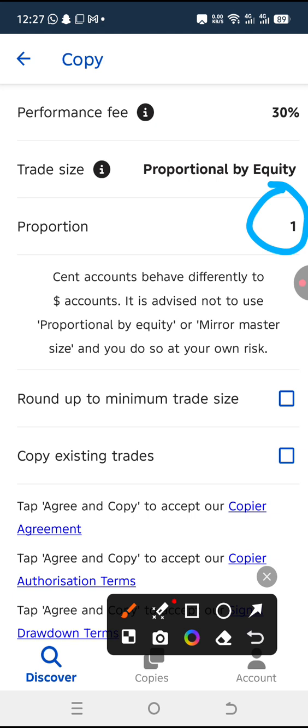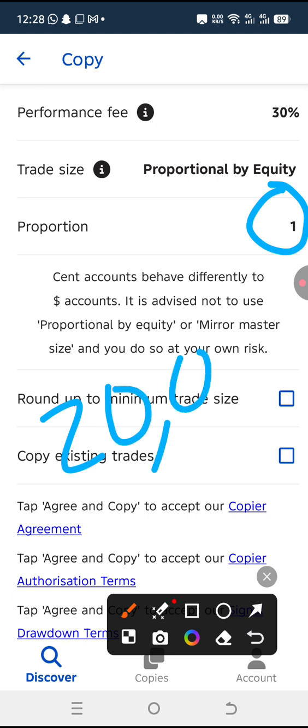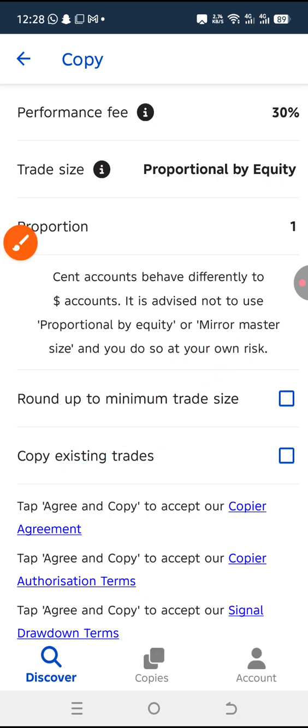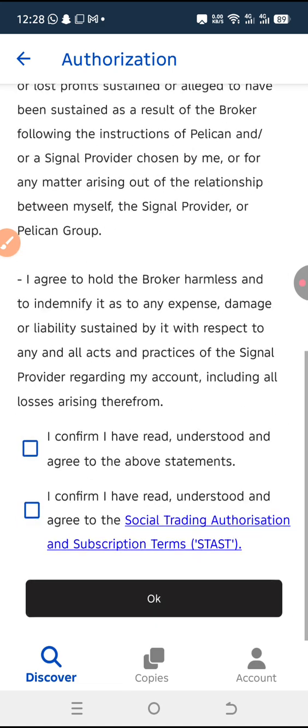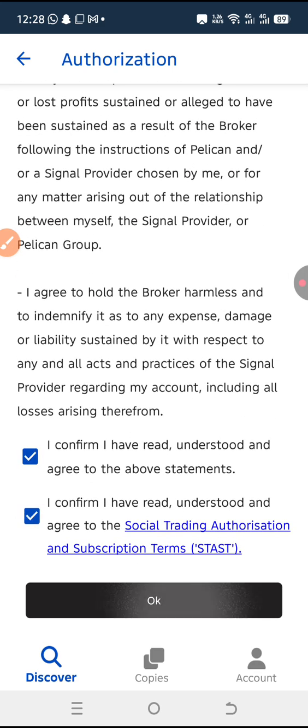It is recommended that you try and trade with 2,000 and above or 20,000 and above, which is probably $200 and above, for some reasons. So when you choose that, you click copy existing trade, you choose round up to minimum trade size, then you agree, and confirm.